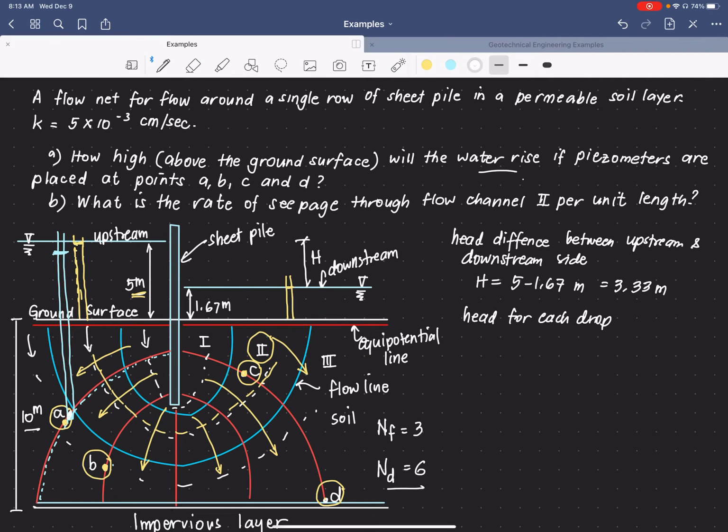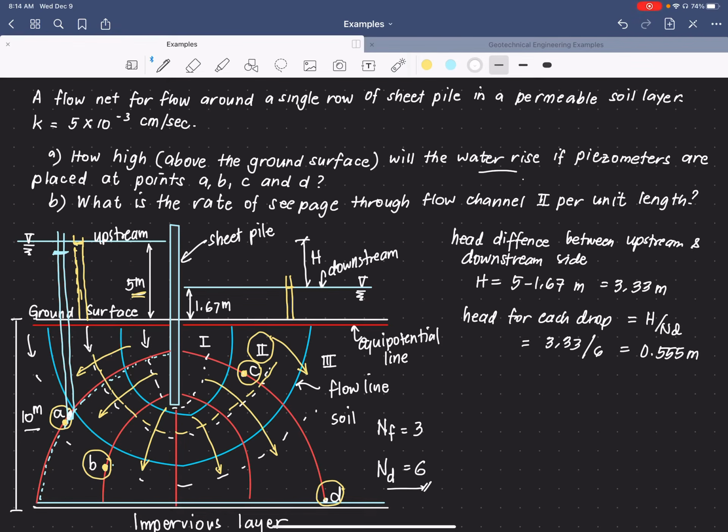This is equal to H over N sub D, or 3.33 divided by 6, which is equal to 0.555 meters.